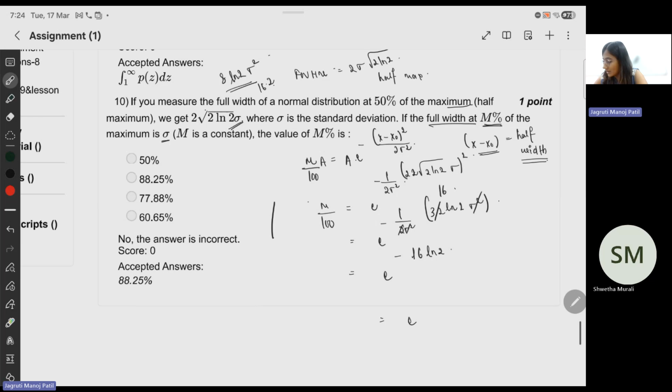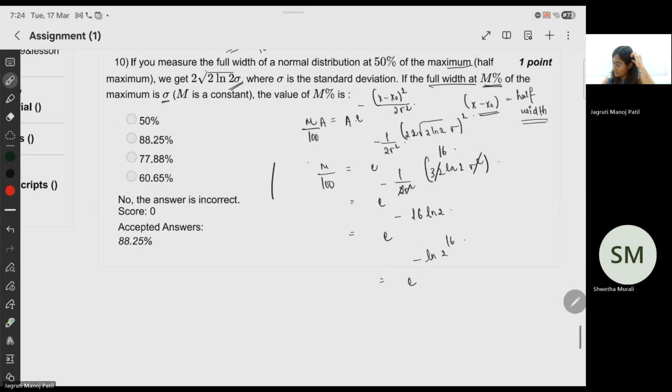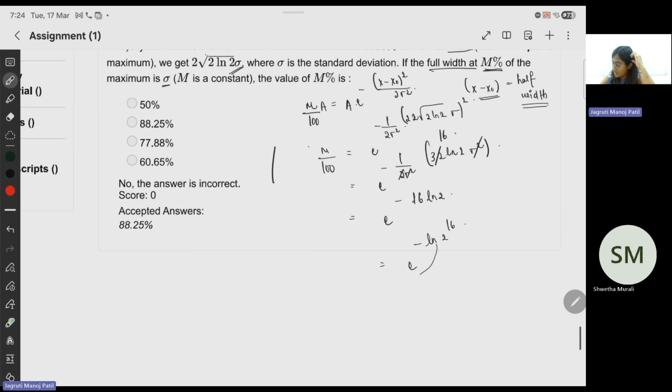You can represent it as, take it inside. If we take it inside, it would be 2 raised to 16, and then you can change the basis here. But you still have a minus sign here.